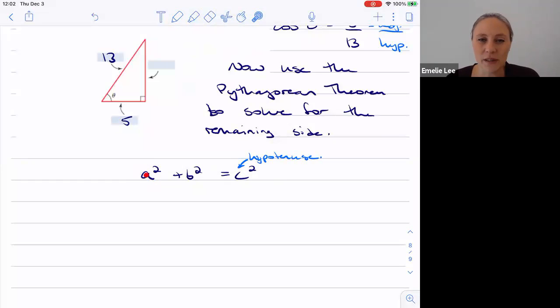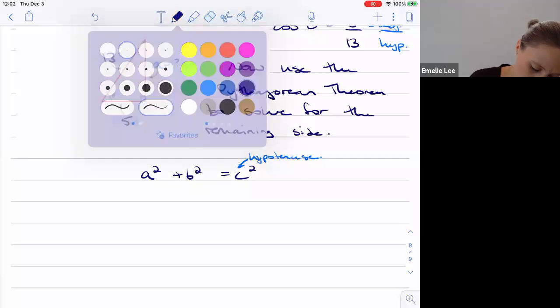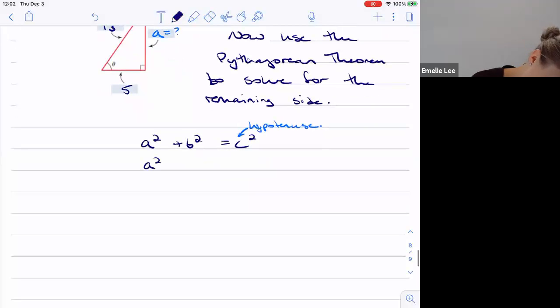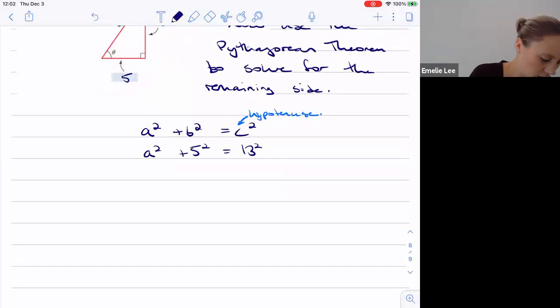I'm going to let A be the one I'm solving for, only because when I write my B's, they look like 6, and that can get confusing. So A squared plus 5 squared equals 13 squared. 13 squared is 169.